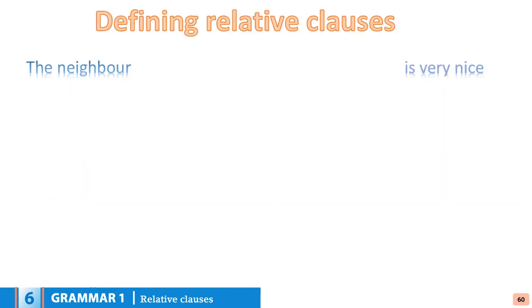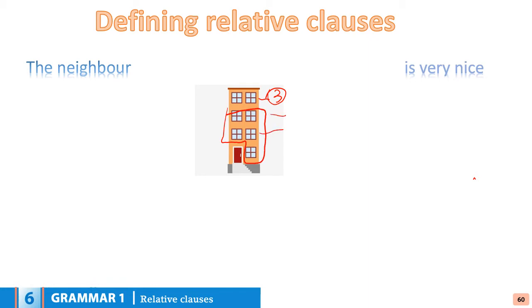We've got two different types of relative clauses. Let's take a look at defining relative clauses. Now, the neighbor is very nice. Oops, I have a problem here. We live on the third floor and we've got three different neighbors.